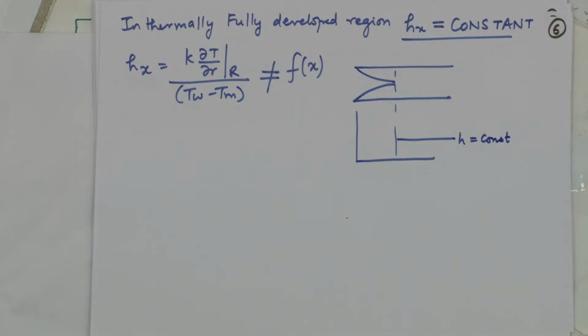A very useful result. Remember, in hydrodynamics, what did we say? Friction factor was constant after the hydrodynamically fully developed region was achieved. What are we saying now? Heat transfer coefficient is constant. I hope the connection is seen very clearly. Variation of velocity with respect to y is directly related to friction factor.